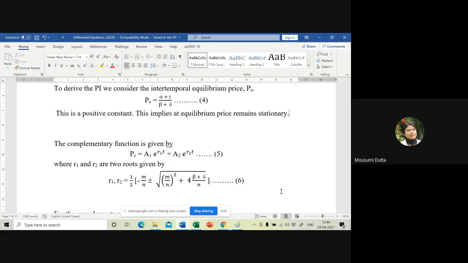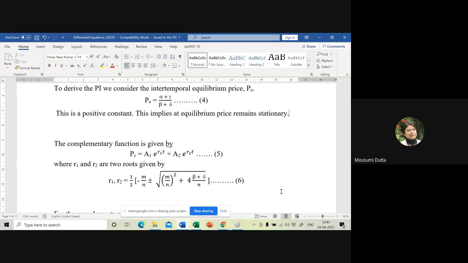However, when we are going for this kind of second order differential equation, there is an underlying quadratic characteristic equation in it, generating two characteristic roots R1 and R2.